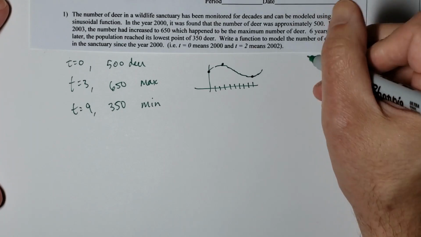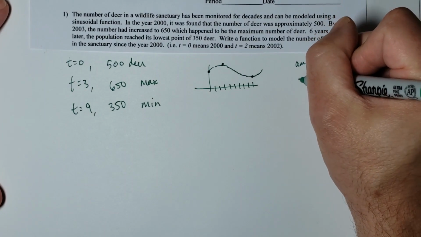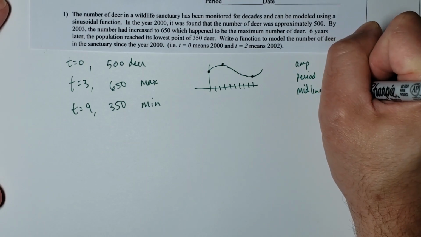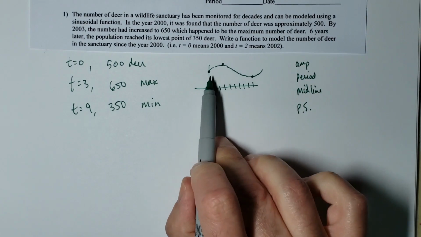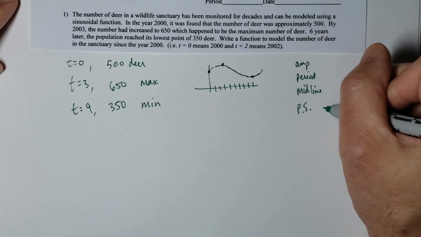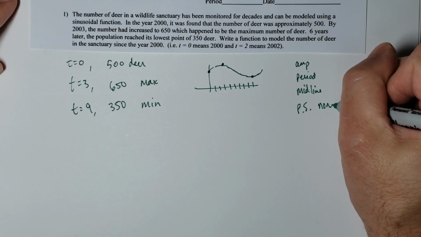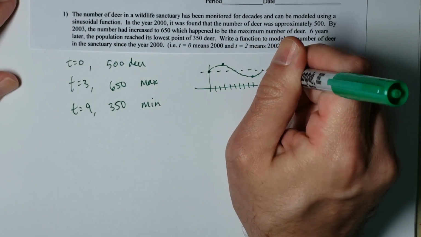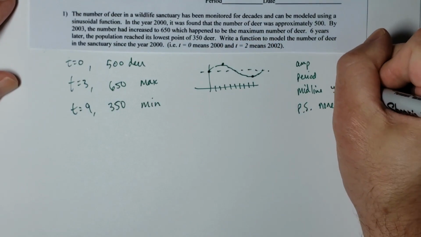So I need to find my normal things here, my amplitude, my period, my midline, and my phase shift. So because we start at our midline here, there is no phase shift. The midline would be this 500, so y equals 500.